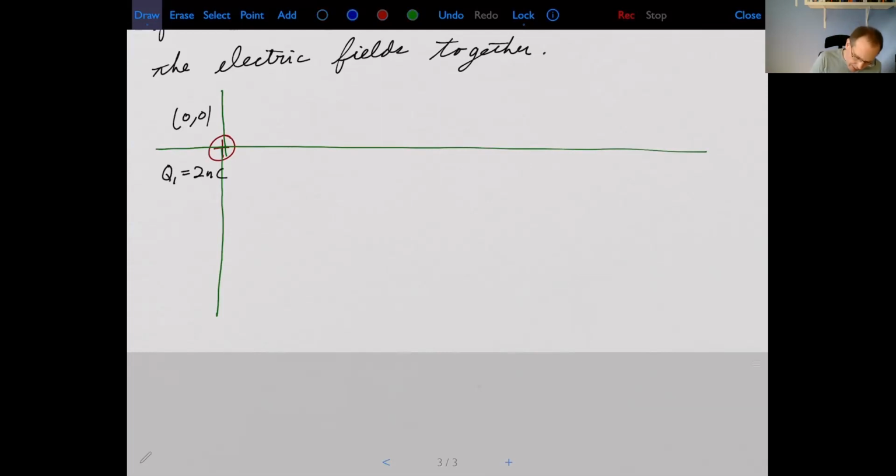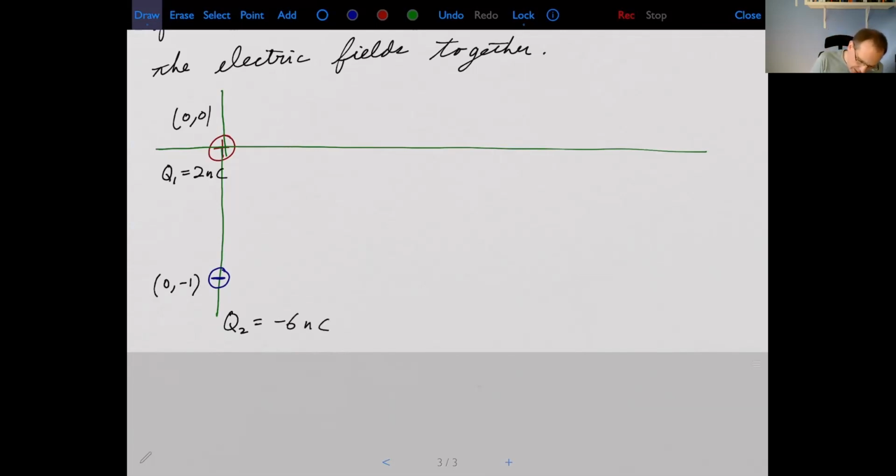Then let's say I have a negative charge, maybe here, and let's say its location is 0, -1, and its magnitude, call it Q2, is -6 Newton coulombs.